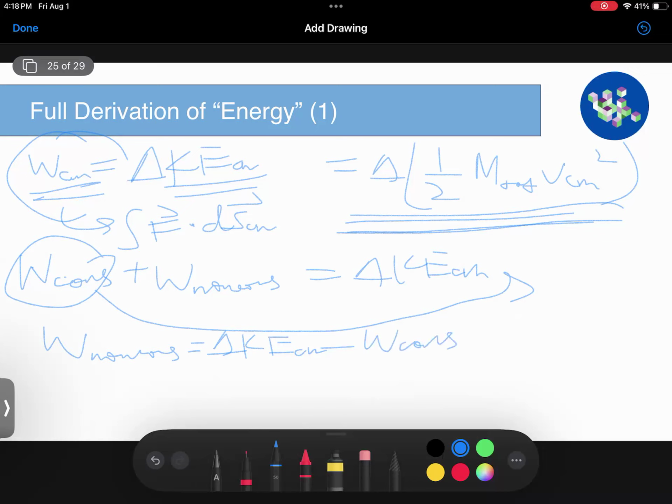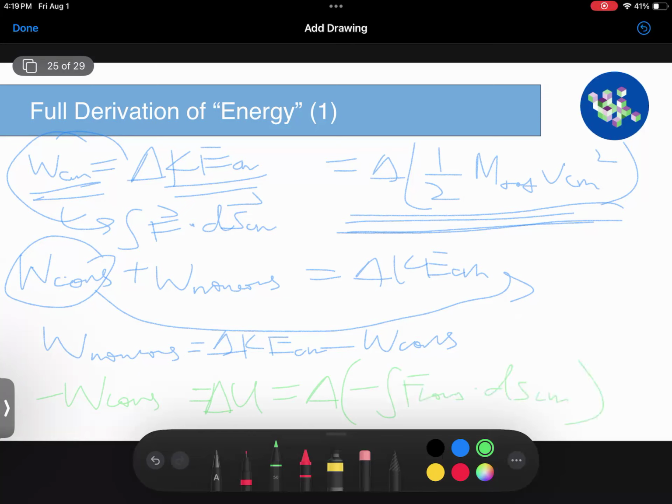Now, this is where the definition of potential energy comes in, okay? We define potential energy such that negative work done by conservative forces is equal to the change in potential energy, which equals the change in this quantity, the change in negative integral of F conservative dot dr of the center of mass.